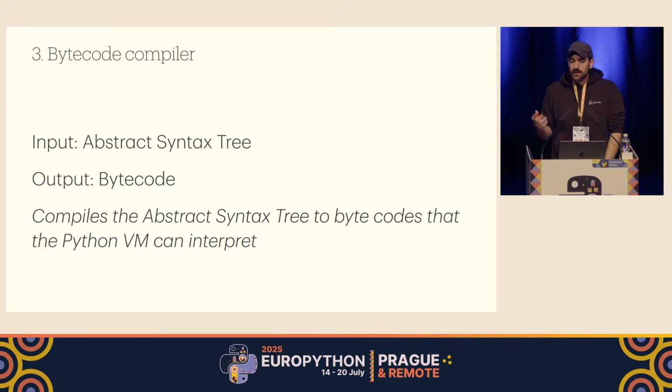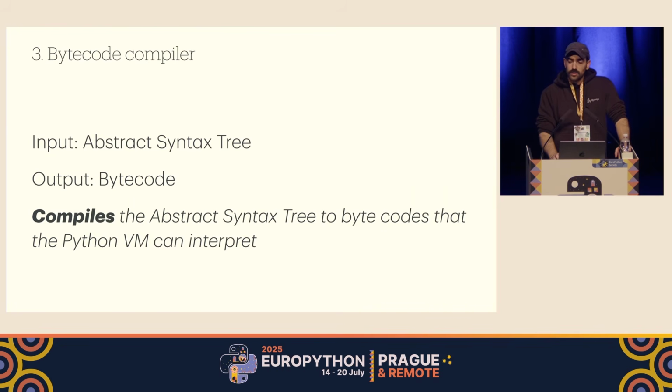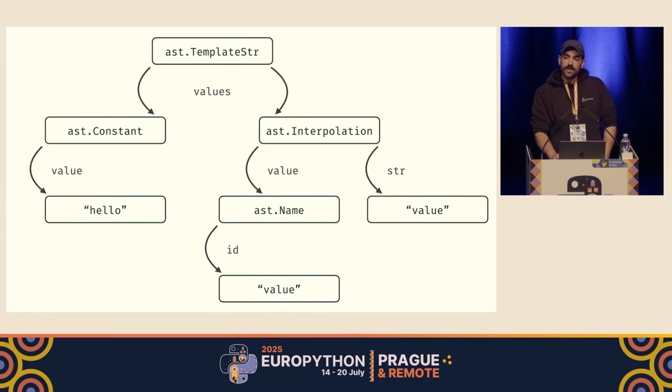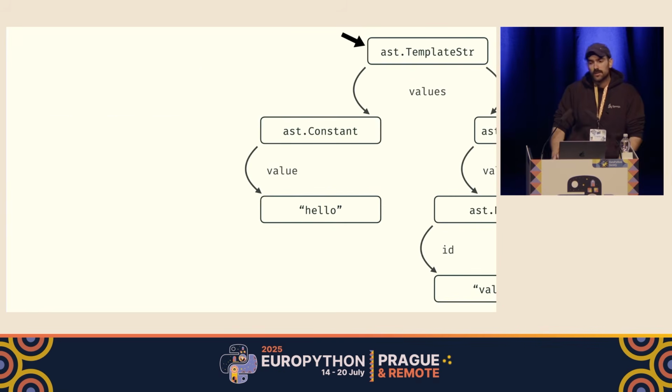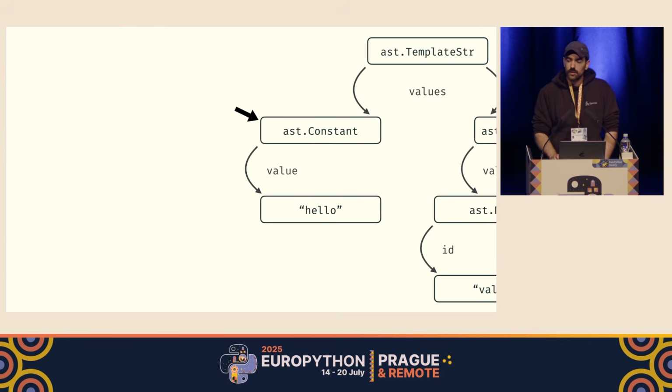It's basically similar to machine code, but it's not a CPU that understands it. It's the Python virtual machine that understands that bytecode. So the compiler does compilation, and it takes that tree-like structure and emits bytecode. So it goes to the structure, it sees a constant, and a constant actually is a load const instruction.